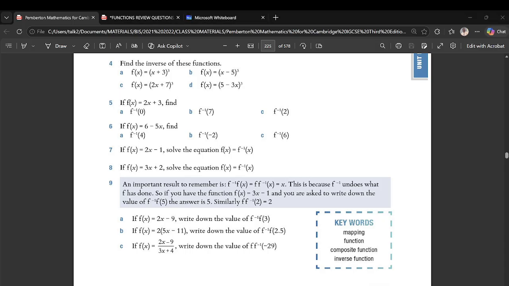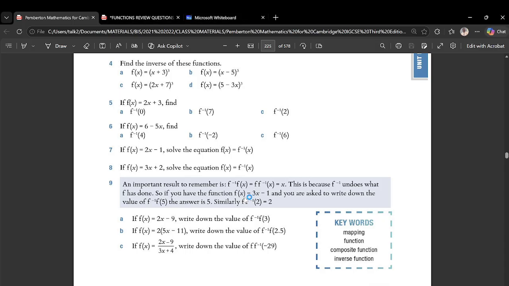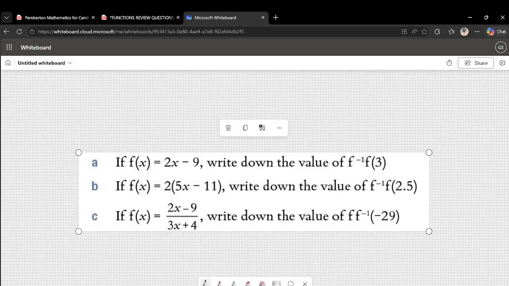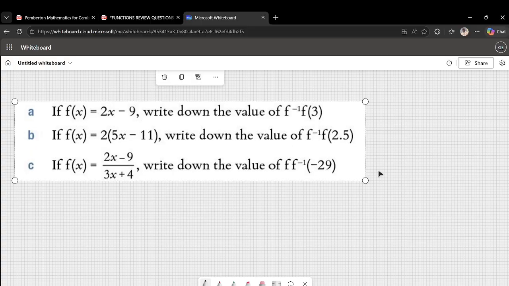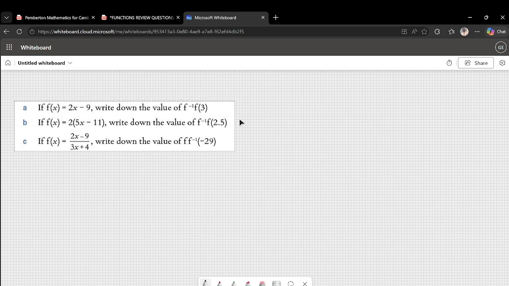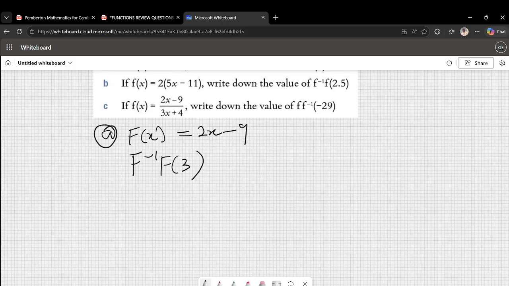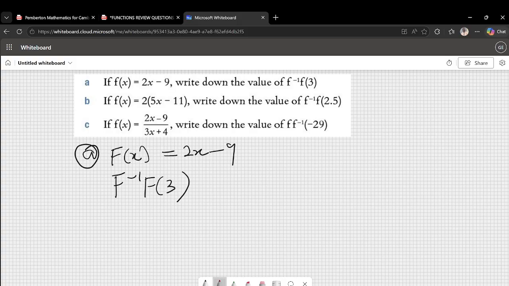Okay, let's quickly look at where I talked about the identities that work with functions. Now for the first one, they said f of x is equal to 2x minus 9, and they want us to find f inverse of f of 3. Now remember, I said in the beginning that if you have f of f inverse of x, your answer is equal to x.